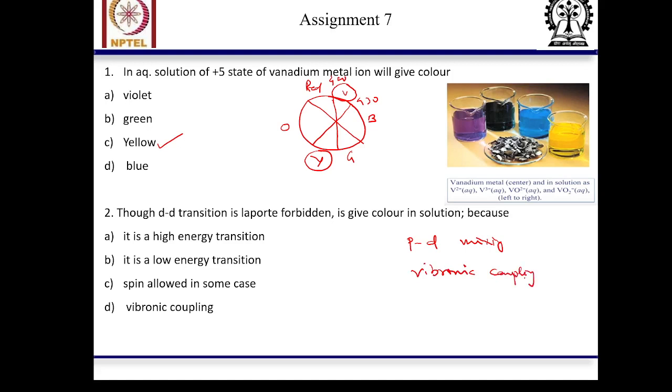I have also given the example of why tetrahedral complexes are more intense than octahedral complexes. The reason is very simple: octahedral is more symmetric than tetrahedral, so in octahedral there is less p-d mixing, while in tetrahedral there is more p-d mixing. That p-d mixing, which is vibronic coupling, is responsible for giving the color in d-d transitions.